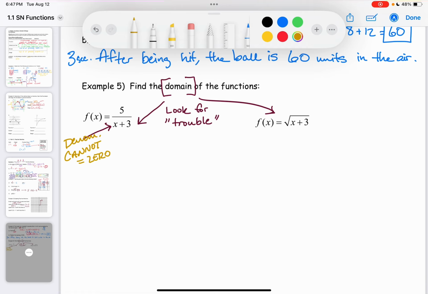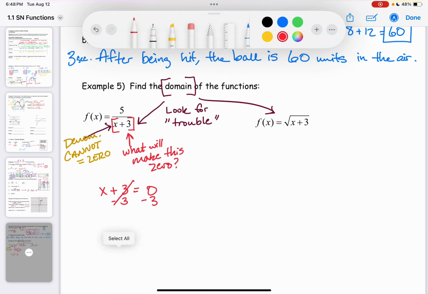So if you were trying to look for trouble, you would say, this denominator, what will make this 0? So isolate it. x plus 3 equals 0. Okay. Minus 3. Minus 3.